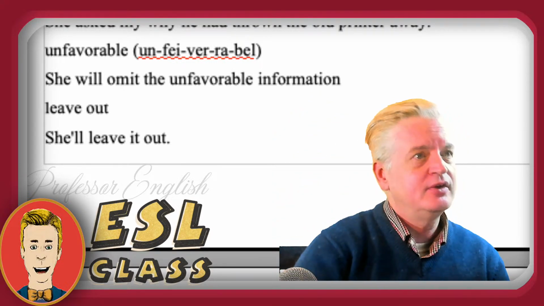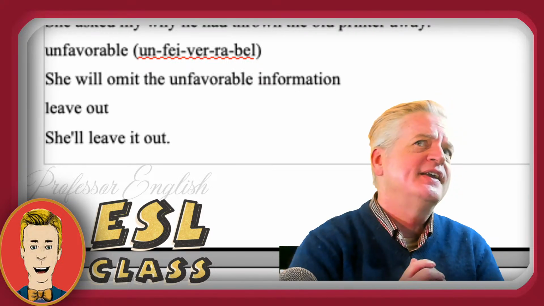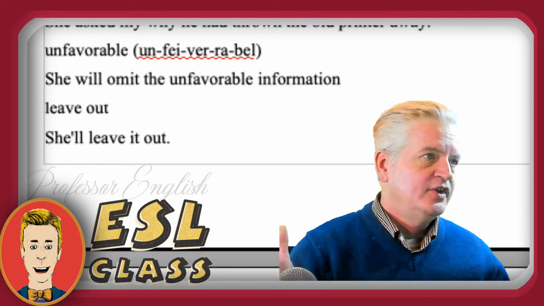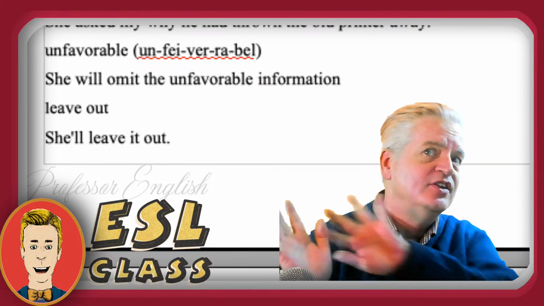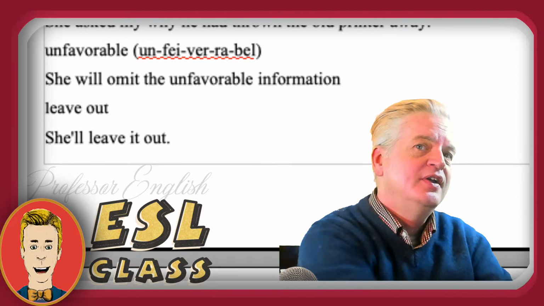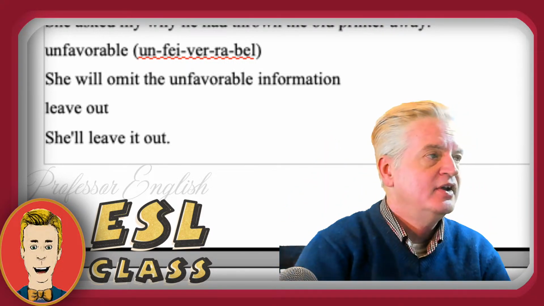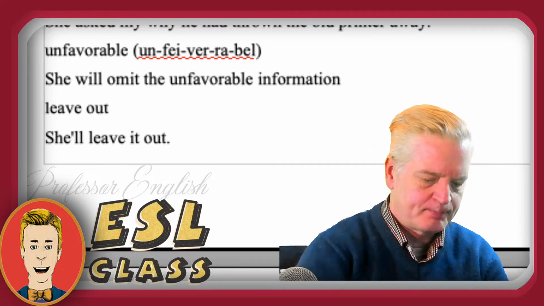But if you don't speak a Latin language, it could mean not include. So when you say she will omit the unfavorable information, that means she will not include it. She will not tell people. She will censor the unfavorable information.